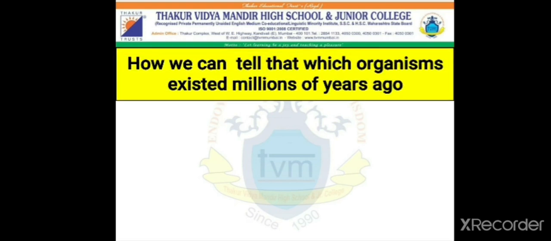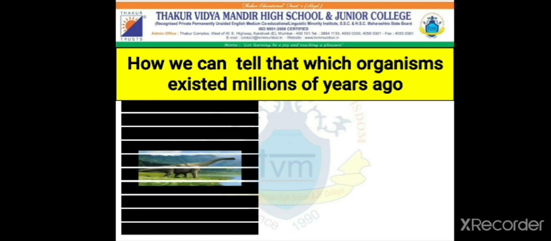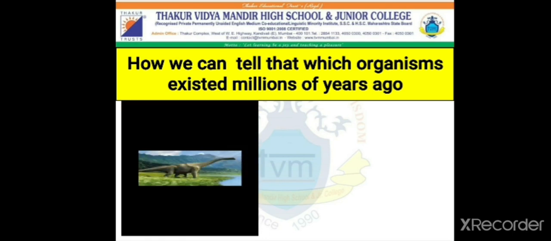Now, how can we tell which organism existed millions of years ago? We must have heard about dinosaurs in stories everywhere. It has been said that these dinosaurs existed millions of years ago. Now, why do we say such things?